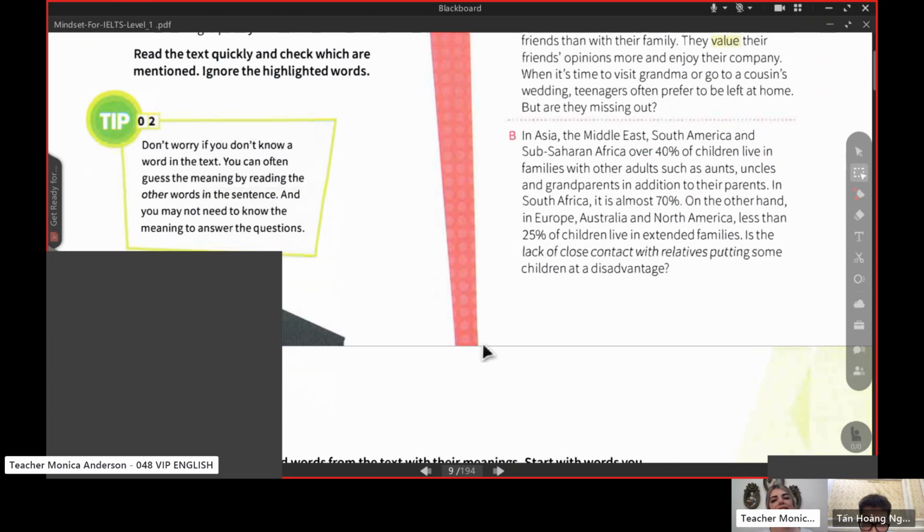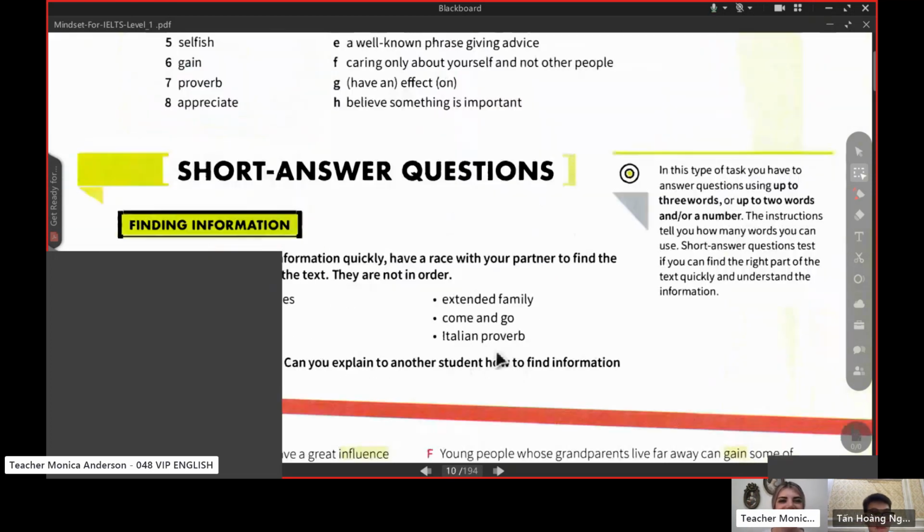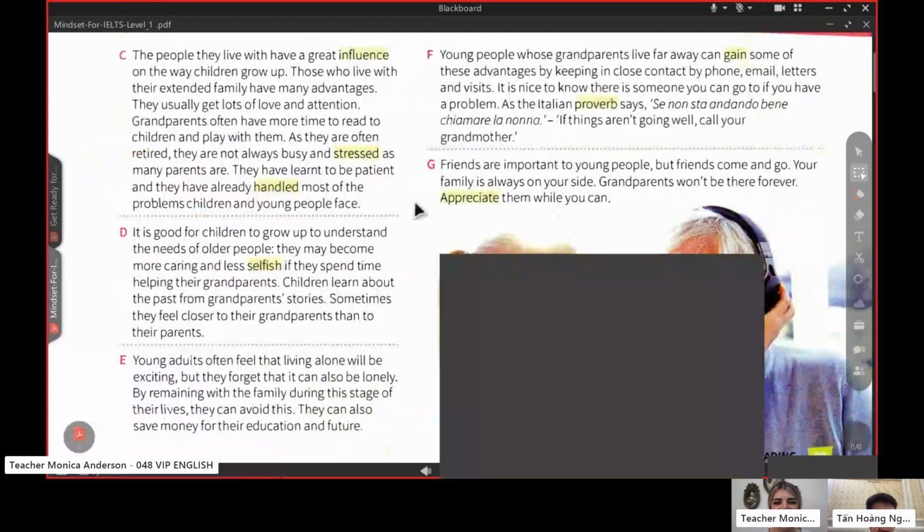Very good, thank you. Okay, keep going. The people they live with have a great influence on the way children grow up. Those who live with their extended family have many advantages.